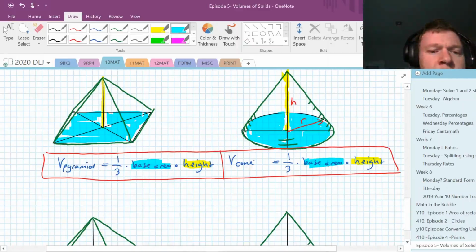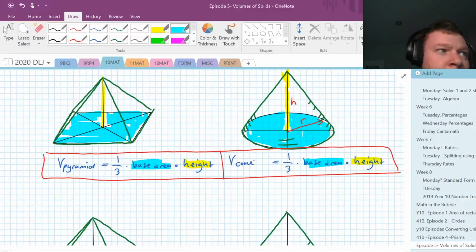And if you're wondering where that 1/3 comes from, calculus, that's where. And you'll learn about that in year 13. So you've got that to look forward to.